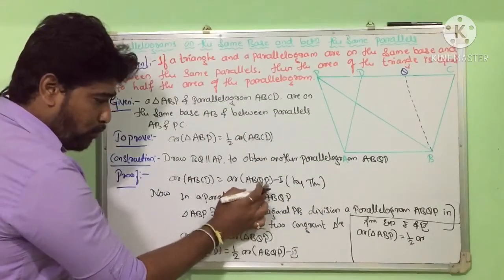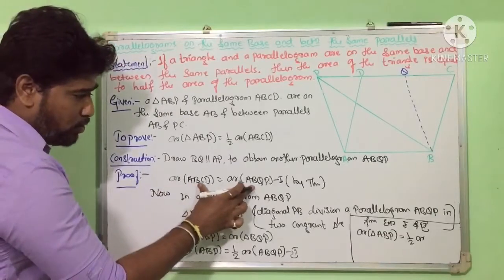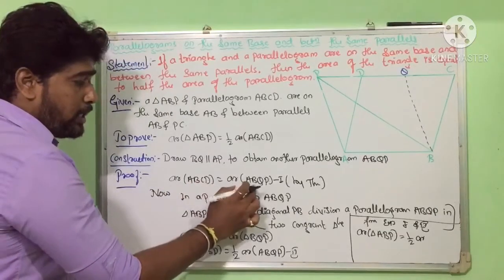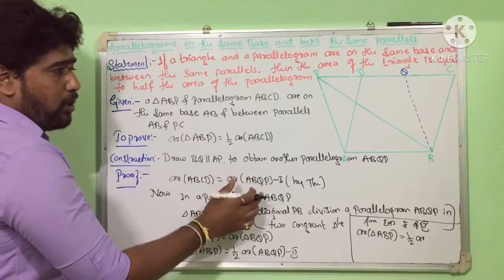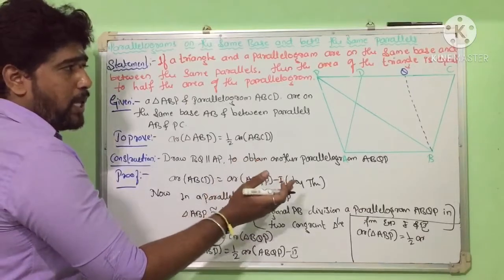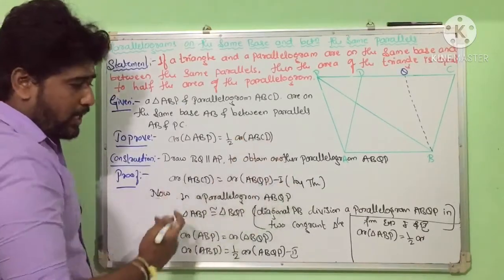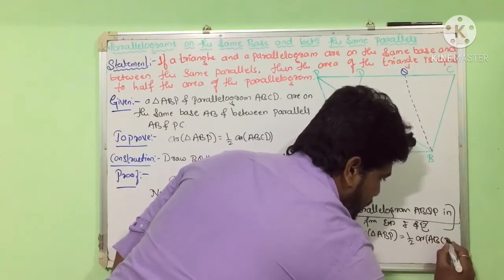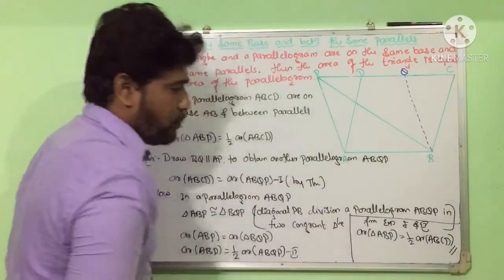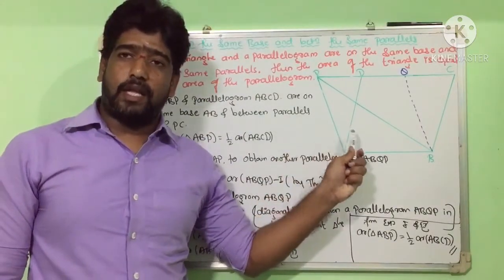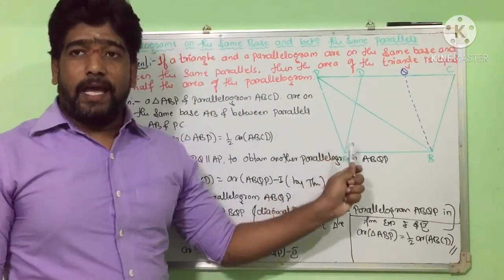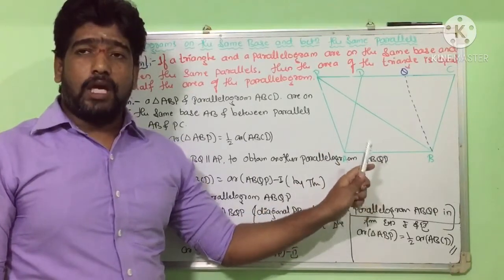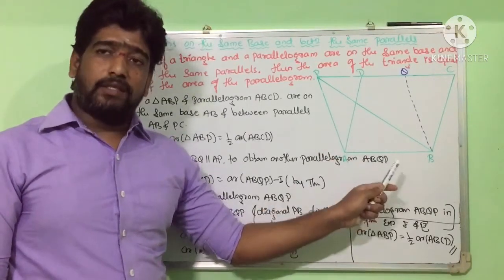Instead of ABQP we can write ABCD, because these two parallelograms are the same in their area, as they are on the same base between the same parallels. So write down here ABCD. So hence proved.